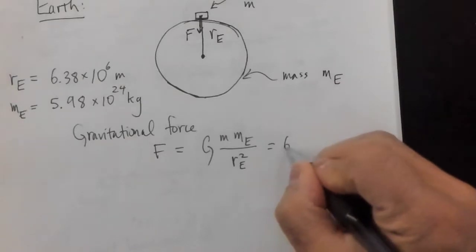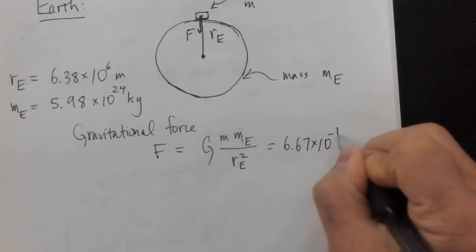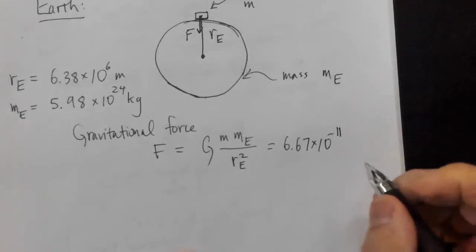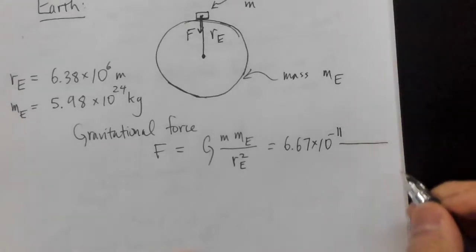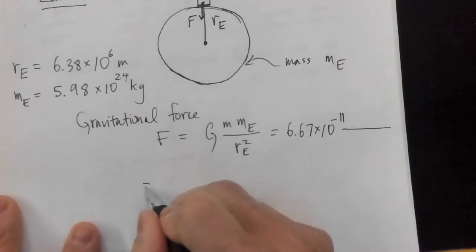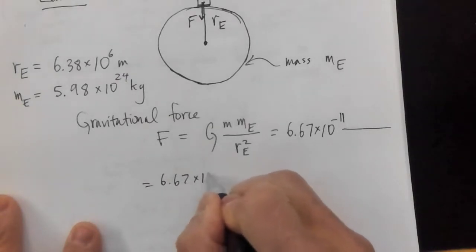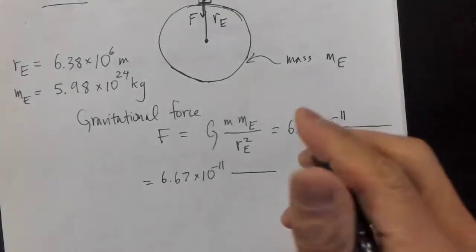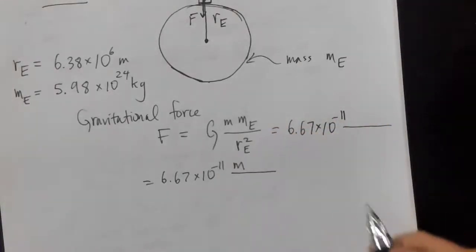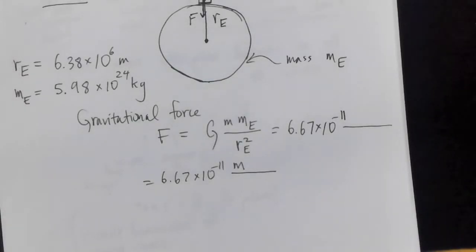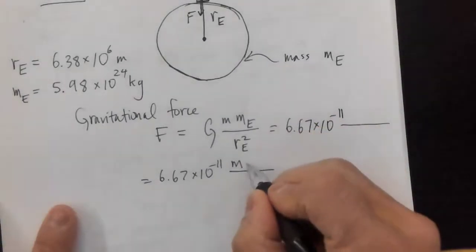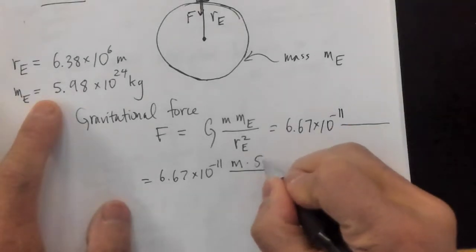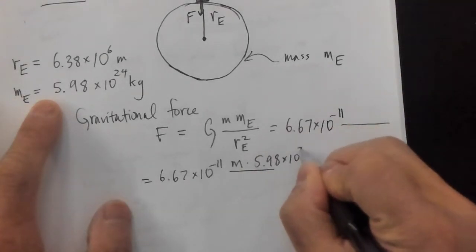Then we have G as 6.67 times 10 to the negative 11. I'm running out of space here, so let me do it on a new line. 6.67 times 10 to the negative 11 for capital G. And for the small mass, we'll just keep it as M, because I didn't give you a number, I just called it M. And for the mass of the Earth, I have 5.98 times 10 to the 24.